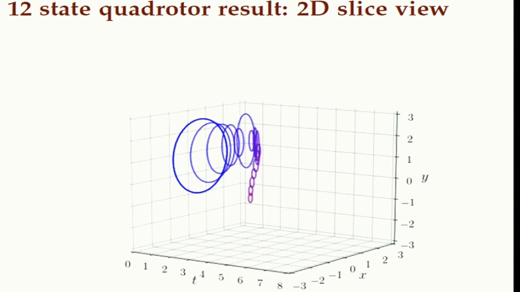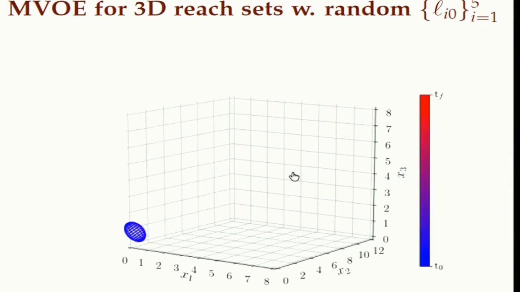Here I am showing a 2D slice: time is in this direction and each vertical slice is space, so 2-dimensional space and 1-dimensional time. This is easy to visualize because the tube is actually in 3D, and I'm also changing color. More red means higher time, but the actual set I'm computing is a 4-dimensional tube: space is 3D, but time I cannot plot, so I'm using color.